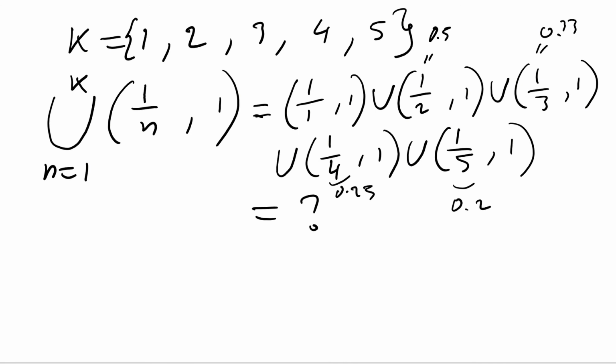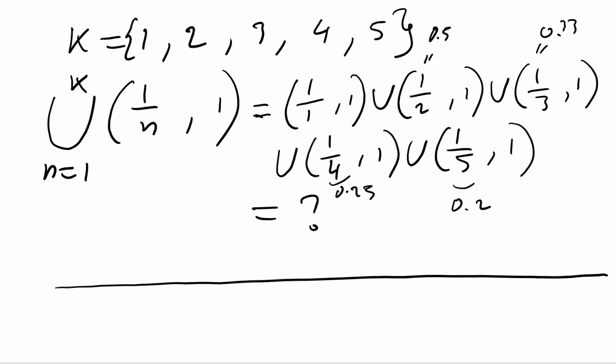If you draw this on the real line, this is 0. The first set is just 1, but we exclude the endpoint. I just put 1 there. And then the second set is (1/2, 1]. I'm going to pick a different color for this set.